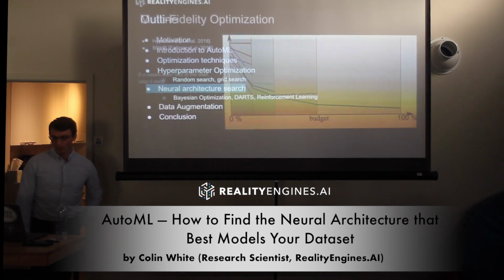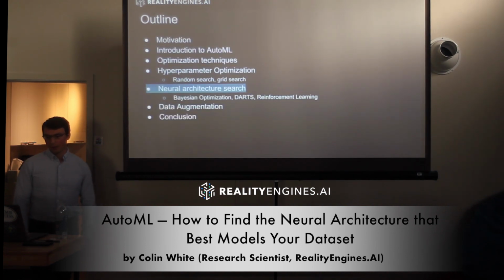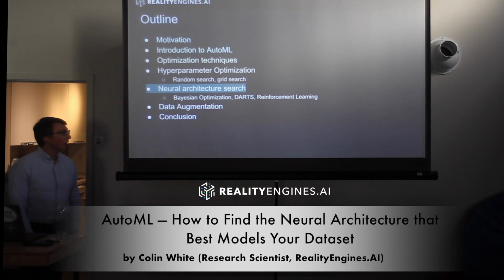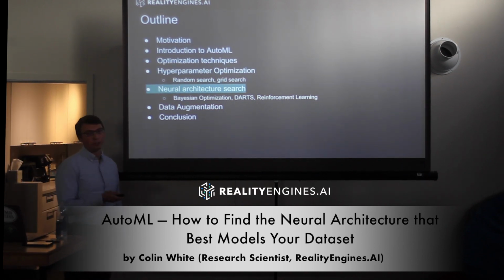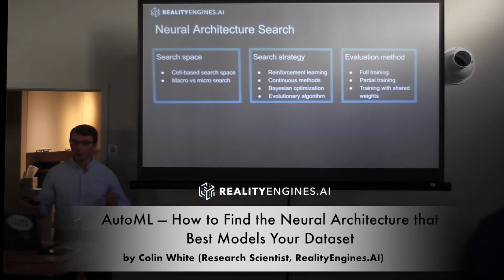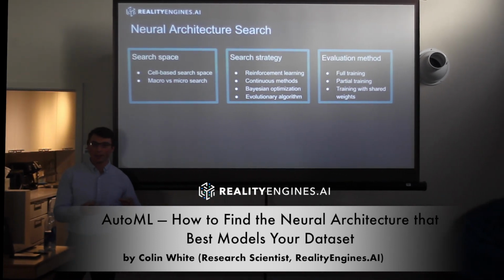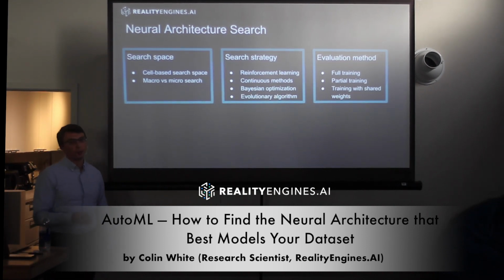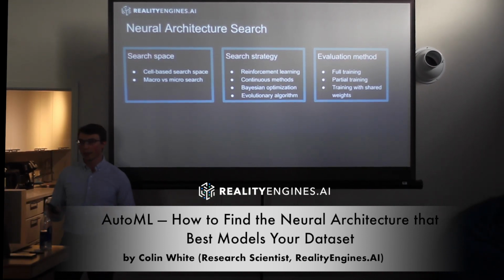Alright, so now I'm going to move into neural architecture search, and I'll talk about the different methods for doing that. So again, neural architecture search is finding the best neural network for your data set. And there are three main components that go into a NAS problem.